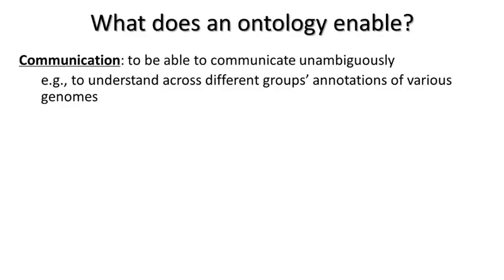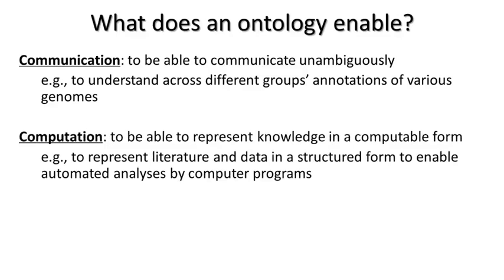First, communication. An ontology allows different people to communicate unambiguously. For example, with an ontology of gene function, different groups annotating different genomes can have a common language. Second, computation. An ontology represents knowledge in a computable form so that computer programs can analyze the data automatically.